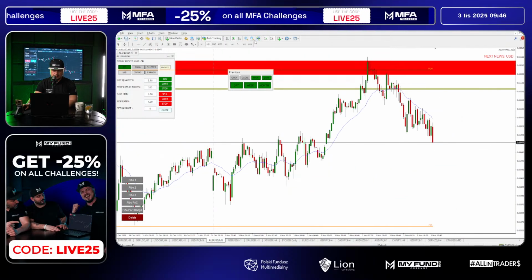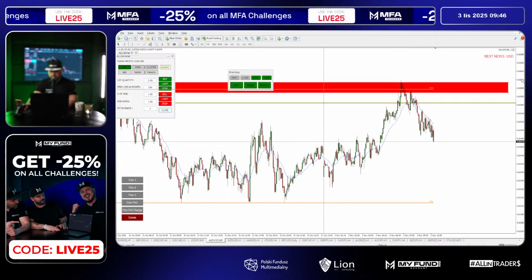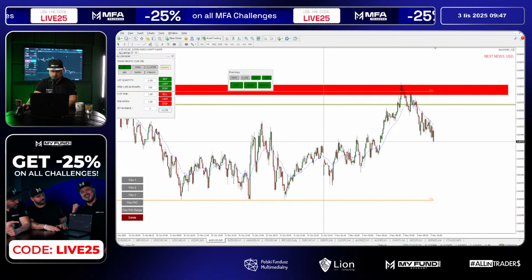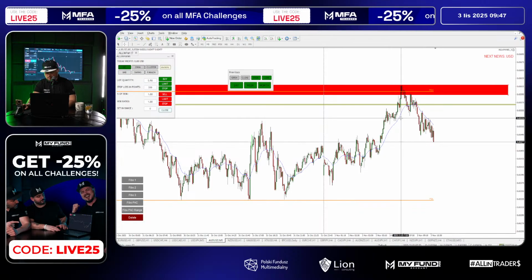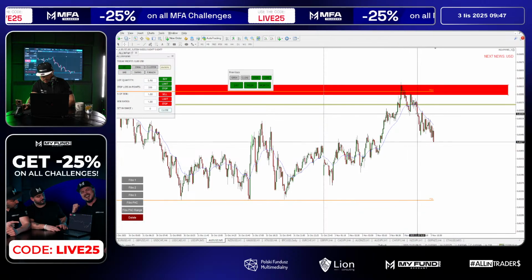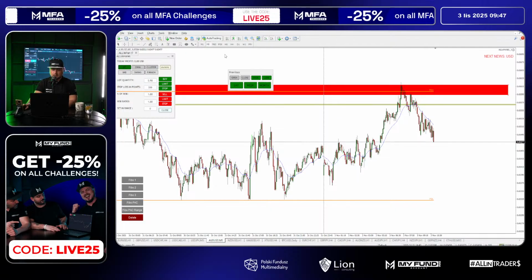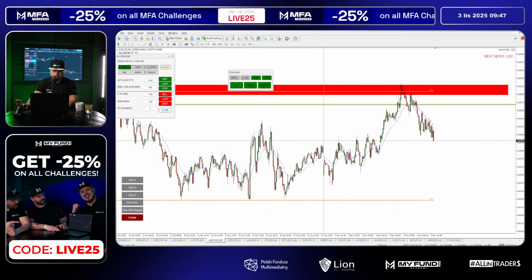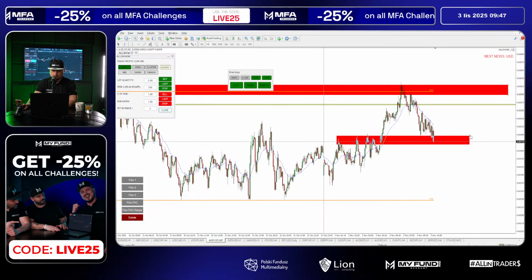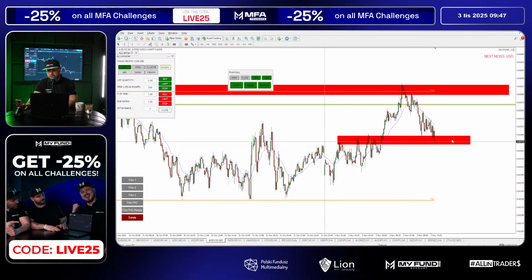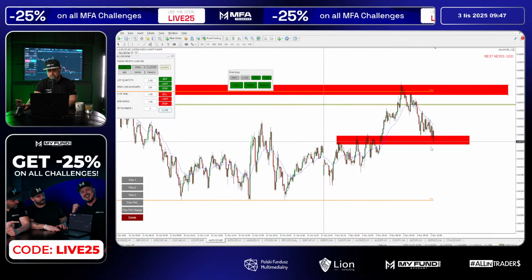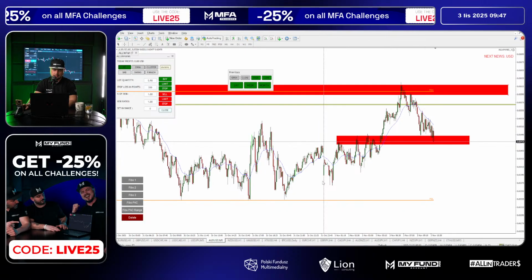Let's check the 5 minutes time frame. Where is this? 740. We got some support zone for buyers at this moment, right here.